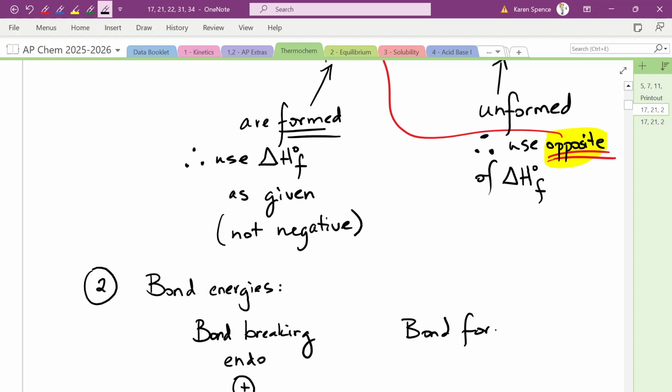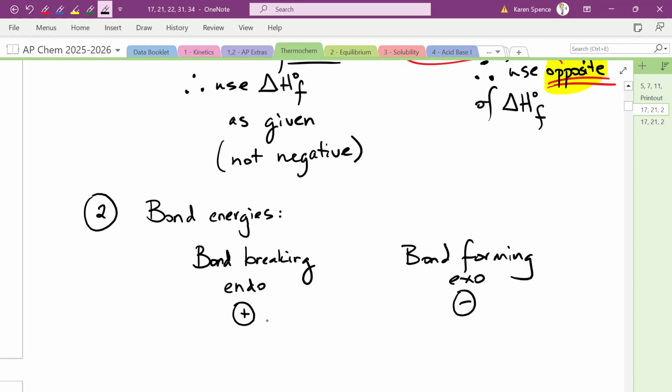Bond forming is exothermic, and therefore those values are going to be negative, and then you just add them all up, okay? I'm going to call these BE.